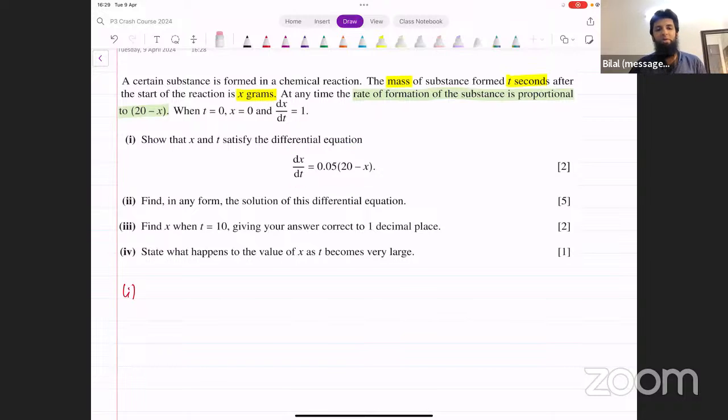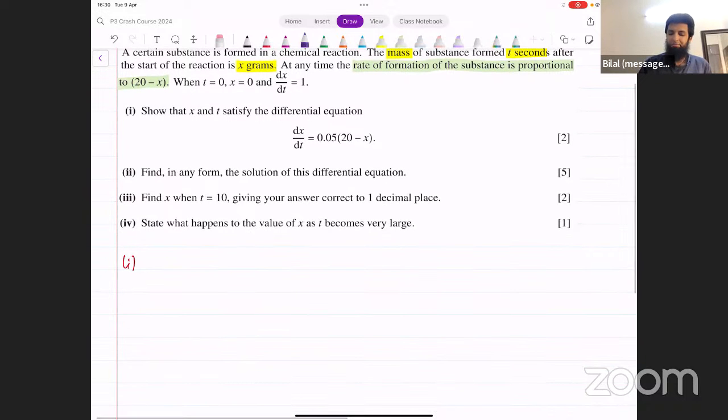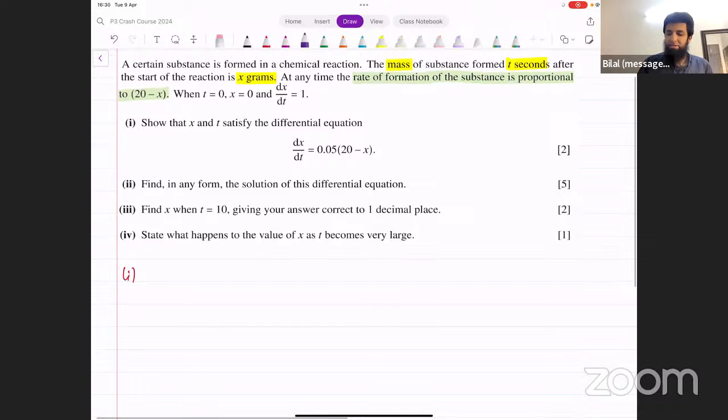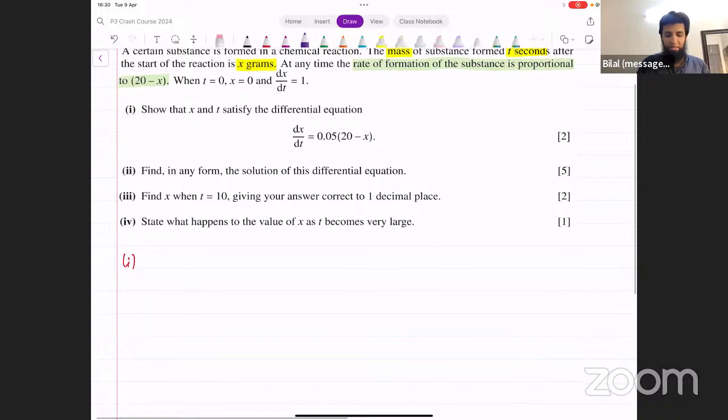So in the first part, you basically have to show this differential equation. Now, how do you do that? It says rate of formation of the substance, rate at which the substance is forming. How is the substance measured? In grams. And what's the variable that we have for mass? It's x.